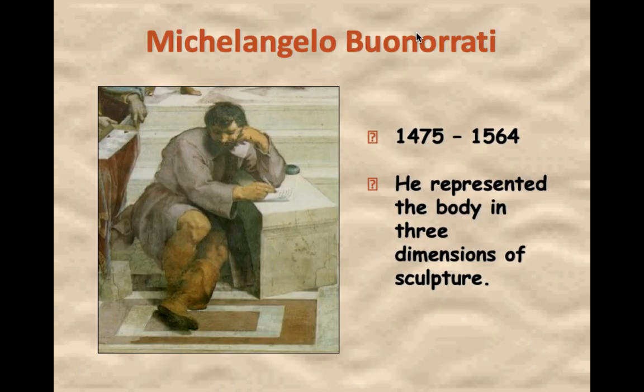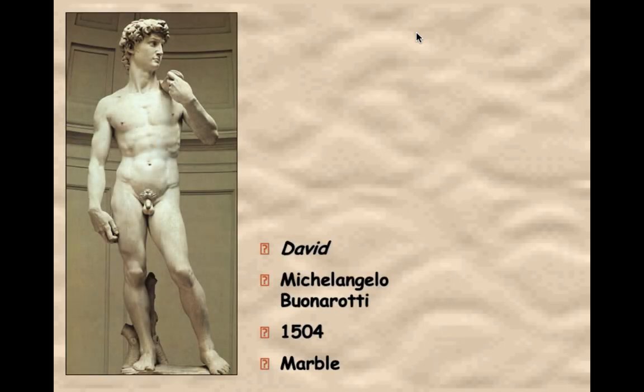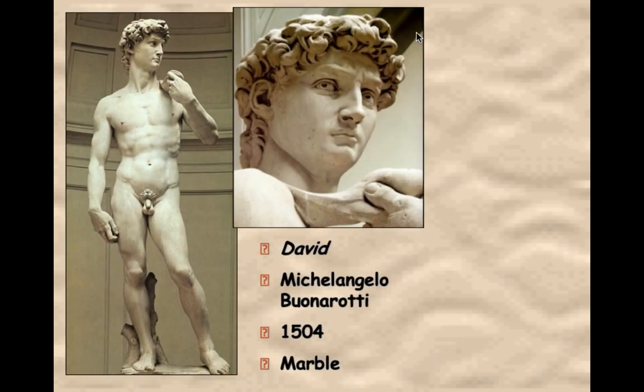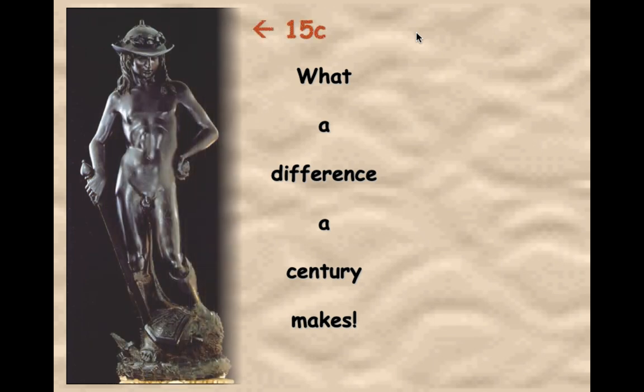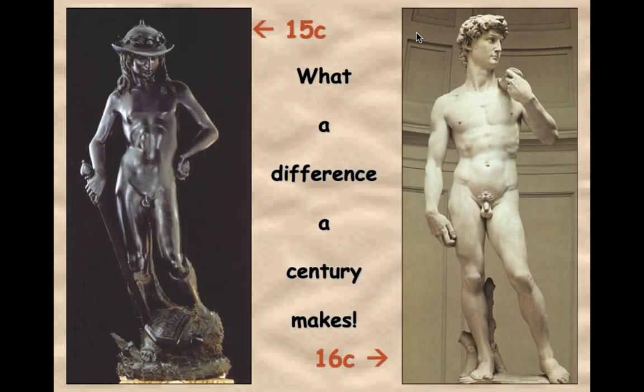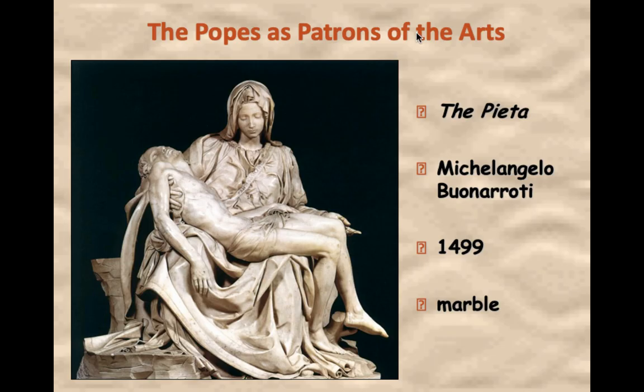This is Michelangelo. There's David. It's giant size. It's like 9 feet. And there's the hands that are just very impressive. This is probably one of the most famous sculptures out of this time period. It's the Pieta.